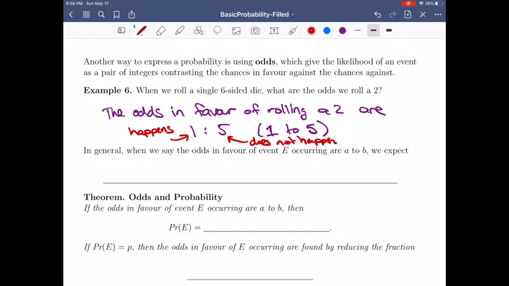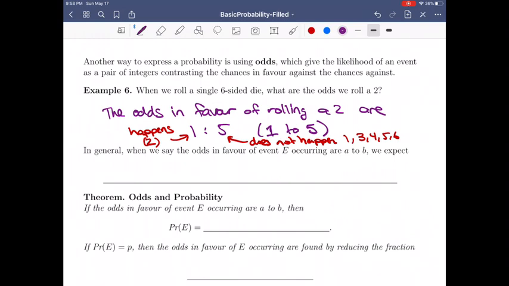So I could roll a 2, and that's the only way that it happens. For it not to happen, I roll a 1, a 3, a 4, a 5, or a 6. There's 5 different ways to not roll a 2. So the odds are going to be 1 to 5.